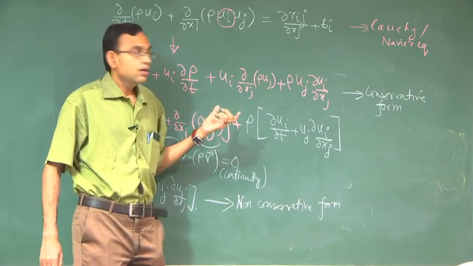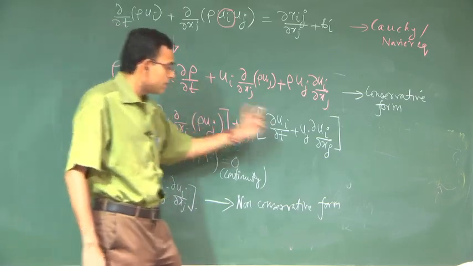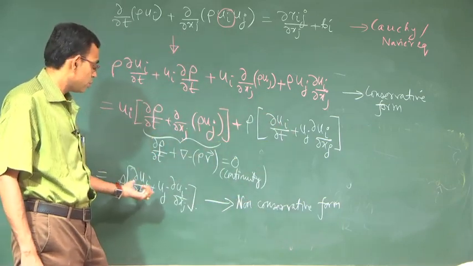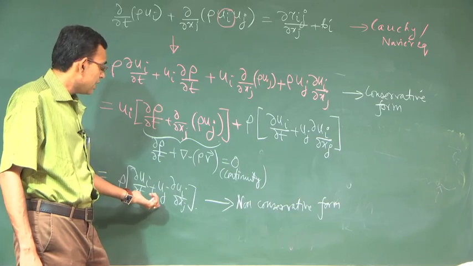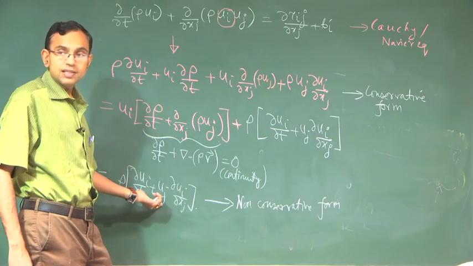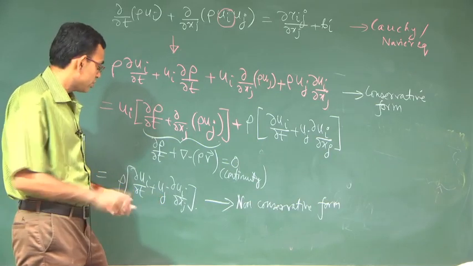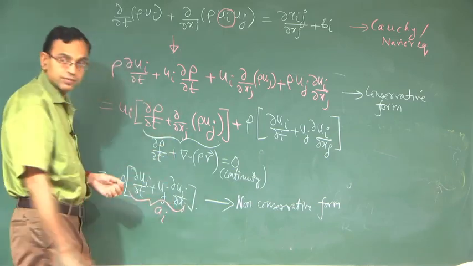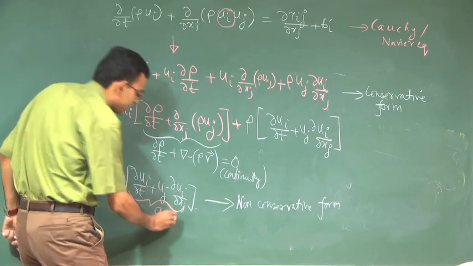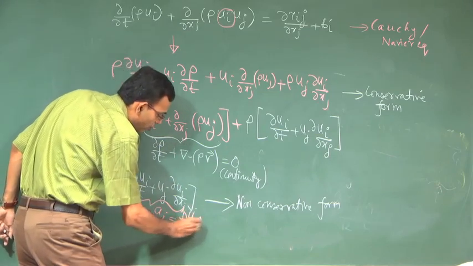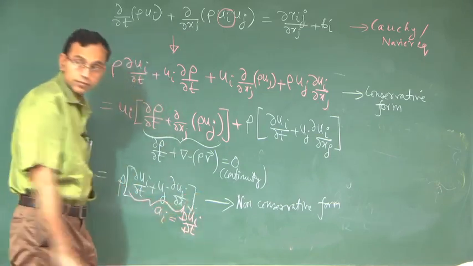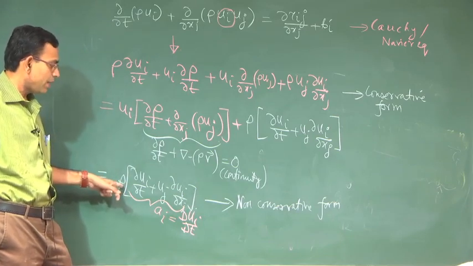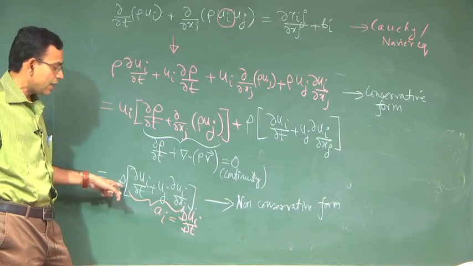But the beauty of the non-conservative form is that it directly gives you the physics of the problem. So, what is here? You can recognize this is the acceleration of flow, right. So, this is acceleration along the ith direction. This is the total derivative, essentially dUi/dt. This is rho. So, if you multiply by volume, then that will be mass.